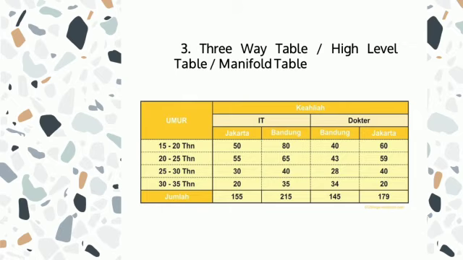Below is an example of a three-way table of the number of unemployed by age, skills, and area of origin. The age ranges from 15 until 35 years old, the skills include IT and doctor, and the area of origin includes Jakarta and Bandung.